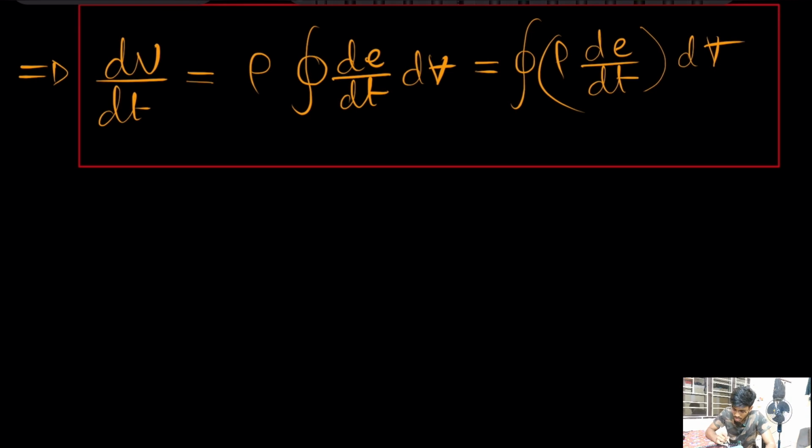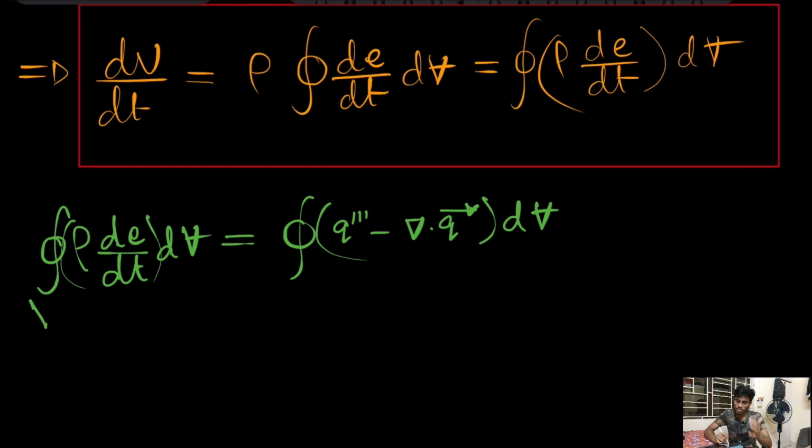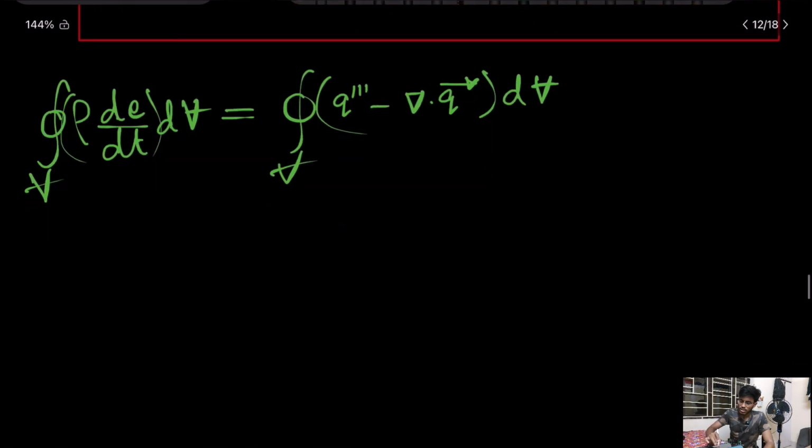So the integral of rho de/dt dV is equal to the integral of q triple prime minus divergence of the heat flux vector, also a volume integral, over the whole volume V.